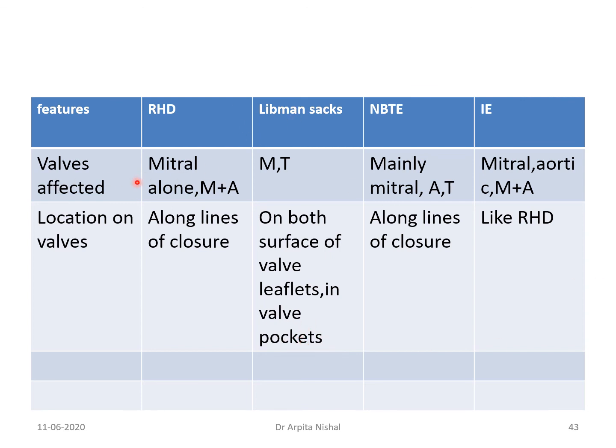Valve involvement, rheumatic heart disease, mitral alone more common than mitral plus aortic. In Libman-Sacks, it is mitral plus tricuspid. In non-bacterial, it is mainly mitral but also aortic and tricuspid. In infective, mitral, aortic or mitral plus aortic.